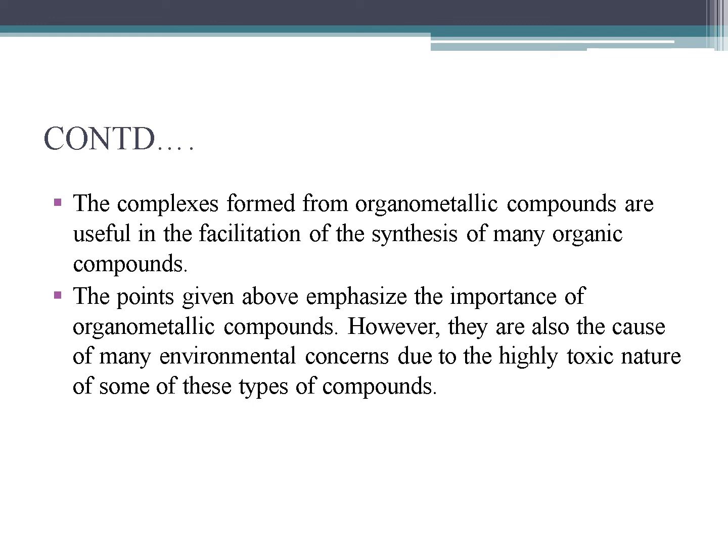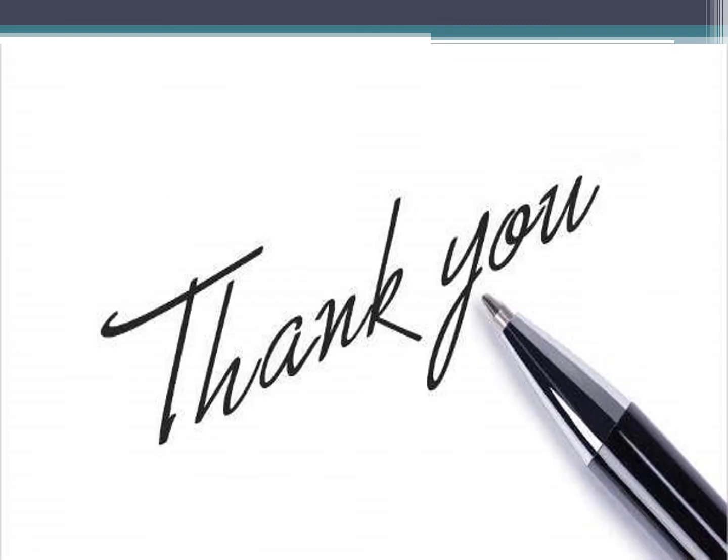The complex forms of organometallic compounds are useful in facilitating the synthesis of many organic compounds. And the last point emphasizes the importance of organometallic compounds: they are also the cause of many environmental concerns, and they are highly toxic for us and for nature due to their wide properties.